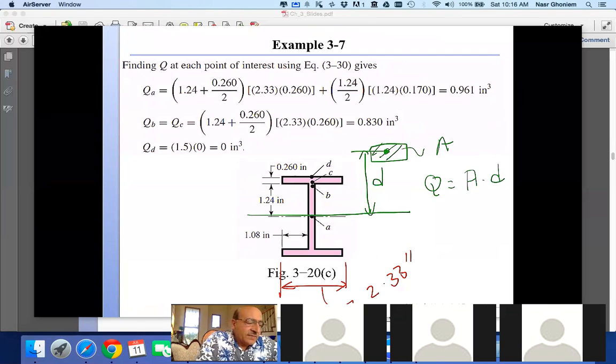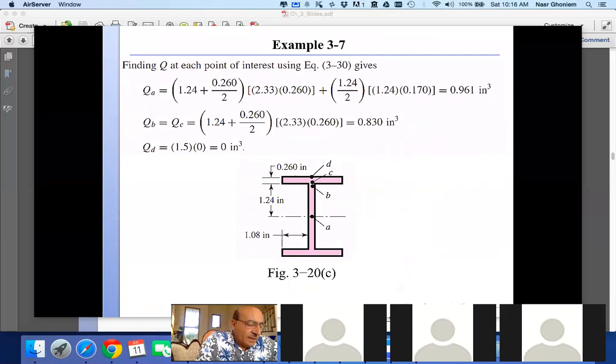So if I just have here, you can see in this calculation, Q_A is the Q at point A, which is here. It means everything above point A, so everything above point A will be this piece. Let me try to expand it a little bit.